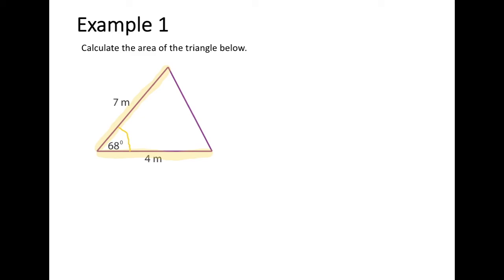So that will enable me to calculate the area based on those three pieces of information. The formula I'm going to use, and remember you can use your formula sheet to identify it, is area is equal to 1/2 of BC times sine A.